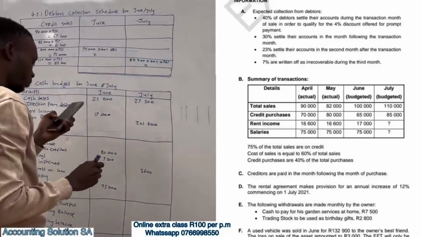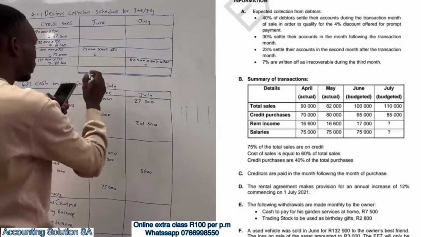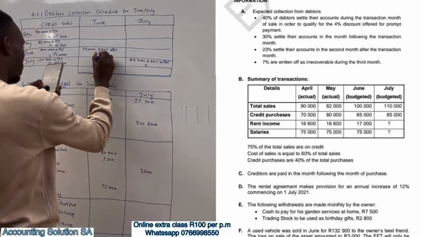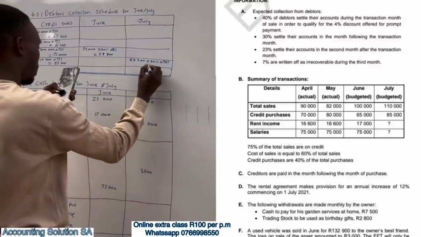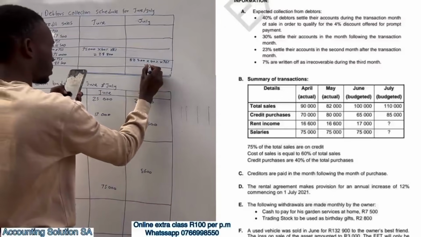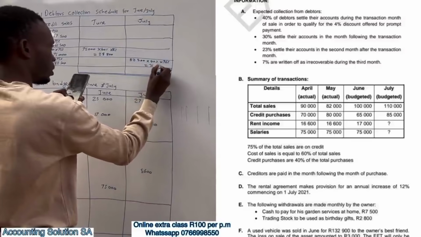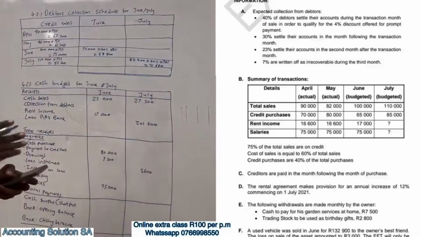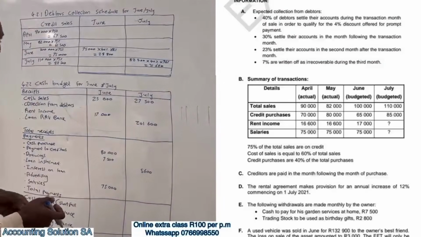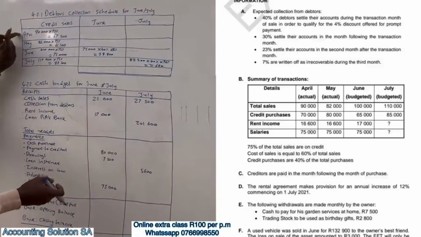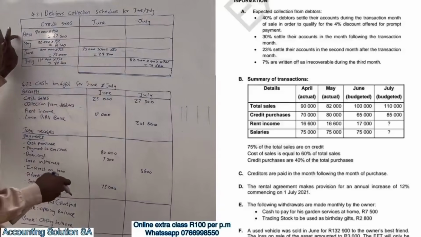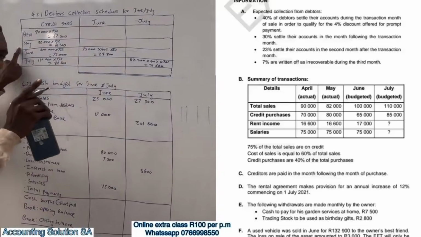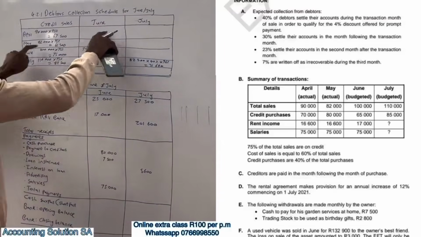For June and June, they're going to give us 28,800, and for July and July, they're going to give us 31,680. Just like that. Now let's go to the following month. For April, the following month is May, which we don't have here. Let's keep it for now. May, which month follows May? It is June, and they meet here.